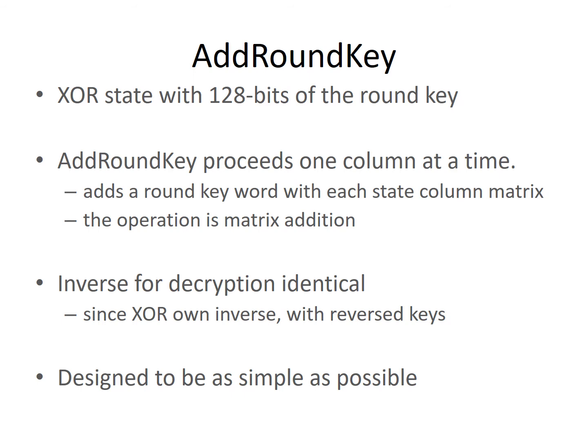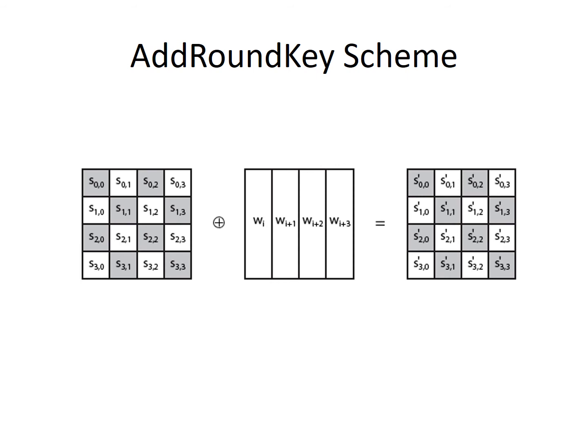As I told you, in the add round key, the plaintext size is 128-bit, and the key size is also 128-bit. We will be considering it column by column. We will simply do the XOR operation repeatedly. For the inverse operation also, that is decryption, we will XOR with the key itself, and we will get the plaintext back. So this is a figure showing the add round key operation.